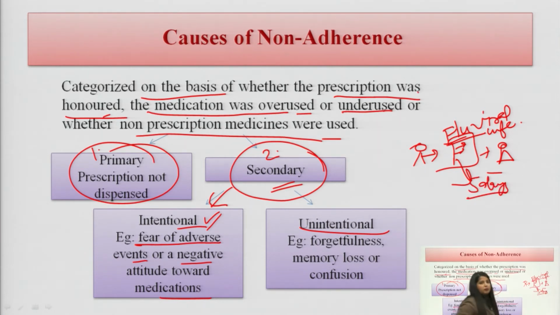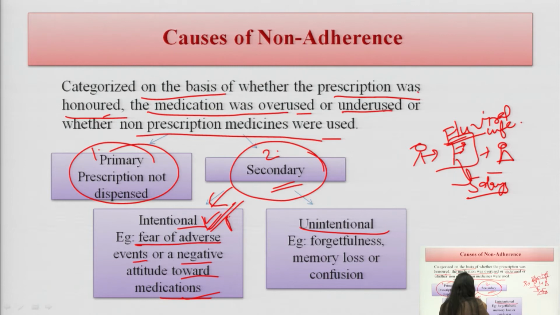Patient has taken it for 1 day, for the 2nd day, and it is relieving, and the disease is in a cured situation. When the symptoms are cured, what will the patient do? The patient will not take the medication from the next day. So, this is the attitude of how the patients are taking their medications, how the patients are taking their prescriptions. This is called beliefs, this is called attitude towards the prescription, towards the treatment.